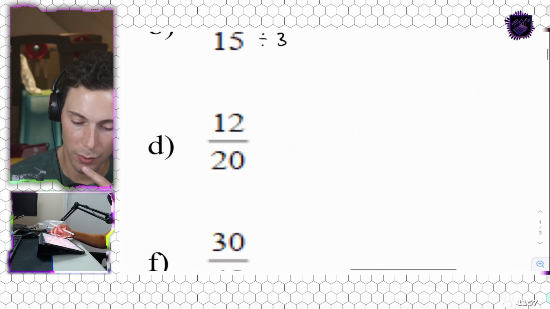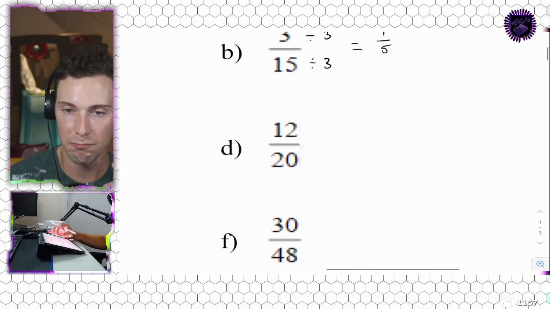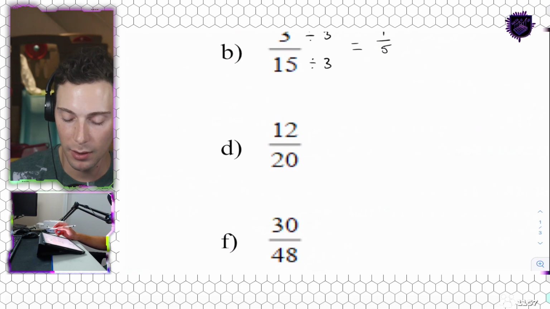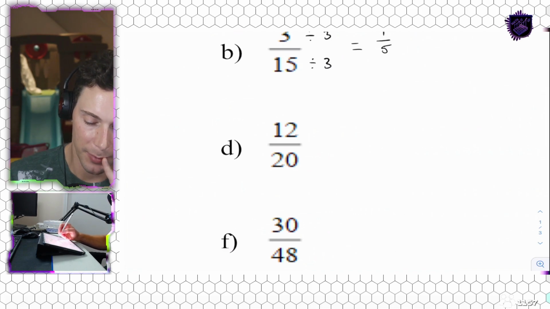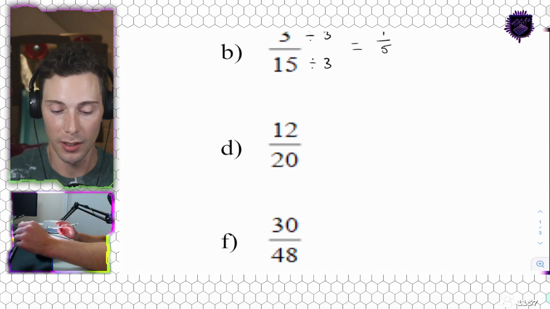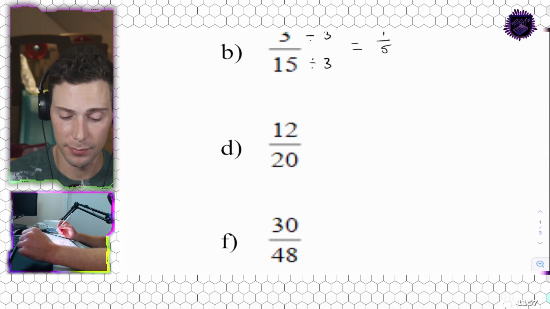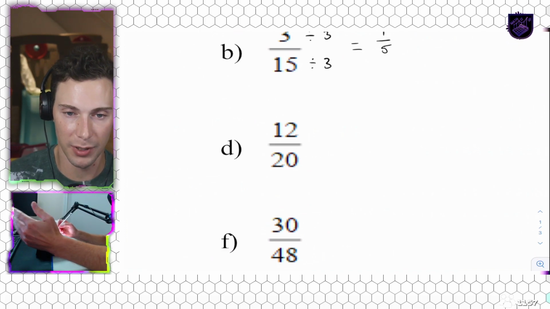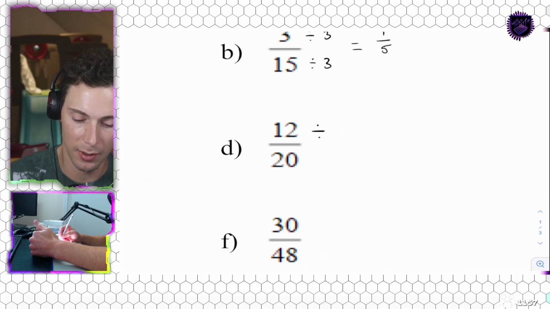On to the next, 12 and 20. Once again, both are even numbers, not multiples of one another, right? So 12 can't multiply into 20, but they have a common factor for sure. Using my knowledge of multiplication, I'm going to say the greatest common factor is going to be 4. You could also do 2. Let's play it out with 2 and see what happens.